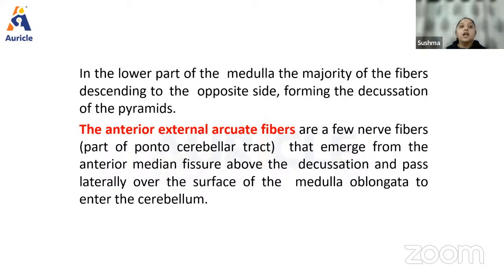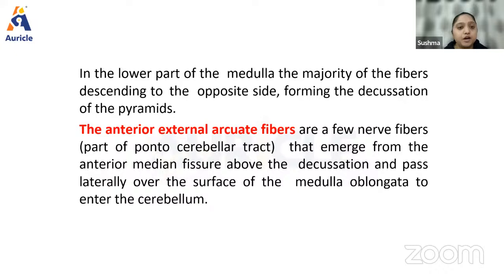Cortico-pontocerebellar tract. Now, these anterior external arcuate fibers are also part of this pontocerebellar tract that emerge from the anterior median fissure just above the level of decussation. They pass laterally over the surface of medulla oblongata and enter the cerebellum. These external arcuate fibers are a part of this cortico-pontocerebellar tract.